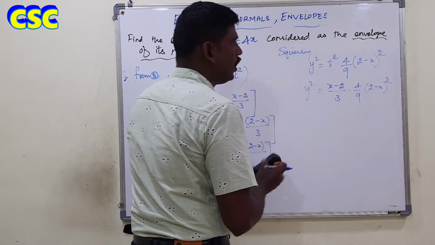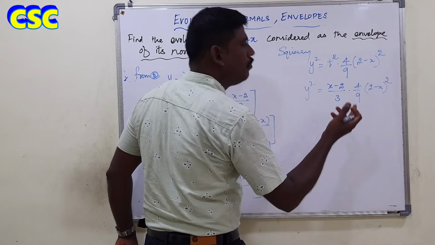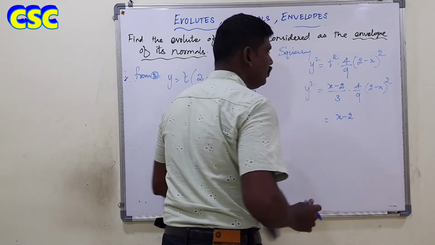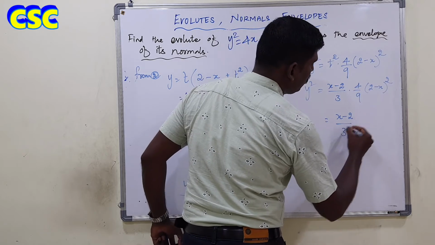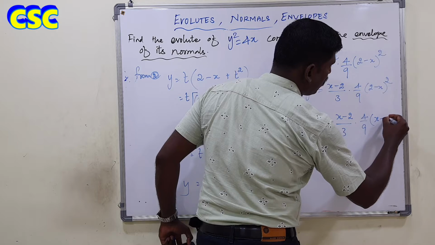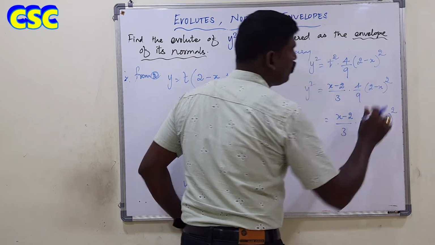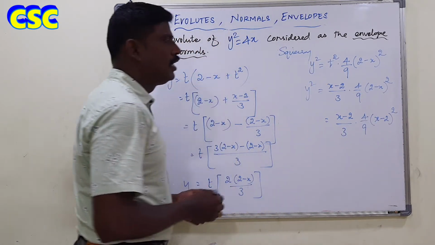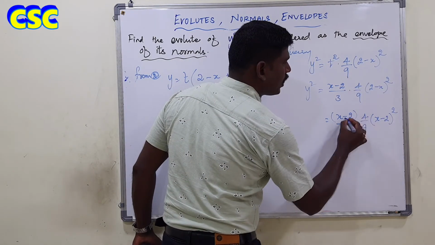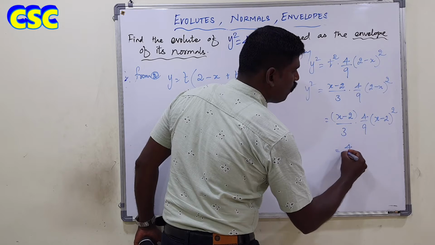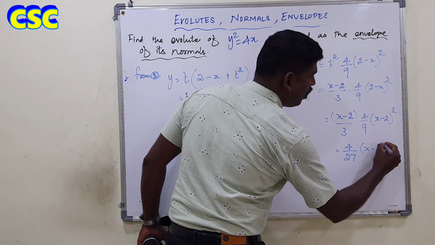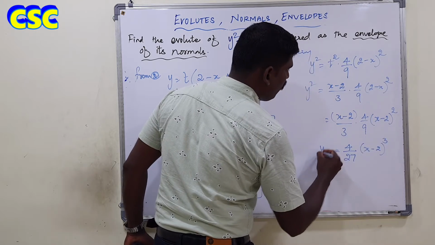Already I told you (a minus b) the whole square is same as (b minus a) the whole square. So 2 minus x is same as x minus 2. Now we can multiply this x minus 2 with this x minus 2. So 4 by 3 9s are 27 into (x minus 2) the whole cube is the value of y square.